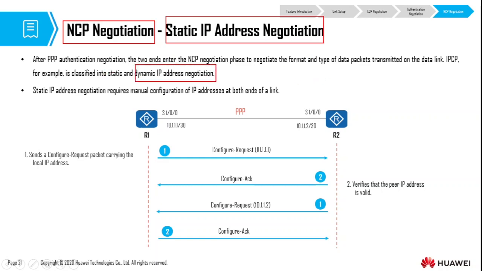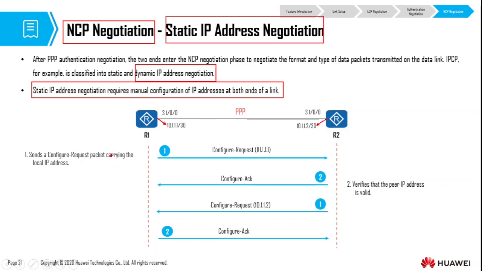So it can happen in one of those two ways, static or dynamic. Now, static IP address negotiation requires manual configuration of IP addresses on both ends. What does that mean? We've configured serial 10/0 with that IP address. We've configured this one with that IP address manually.